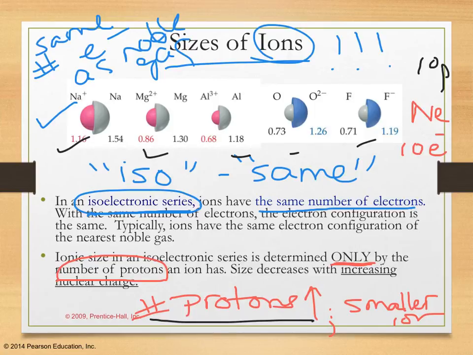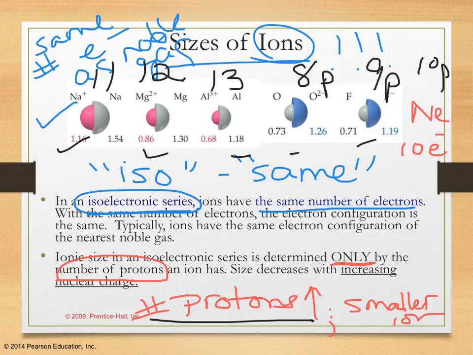Fluorine has 9 protons. Oxygen has 8 protons. Aluminum has 13 protons. Magnesium has 12. And sodium has 11.